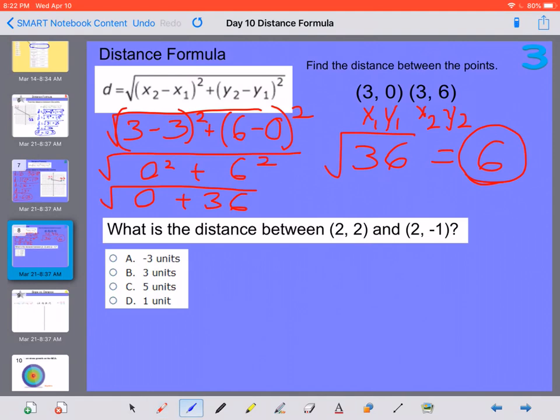Alright, so the distance between 2 and 2 and 2 and negative 1. Well, we have our x1, our y1, x2, and y2. x2 comes first, so 2 minus our x1, which is 2, plus y2, which is negative 1 minus 2.